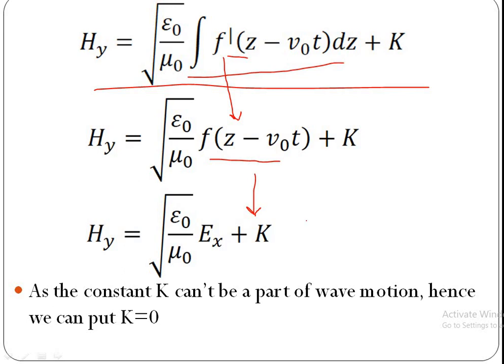Why? Because if f is equal to, let us assume, sine of z minus v naught into t.